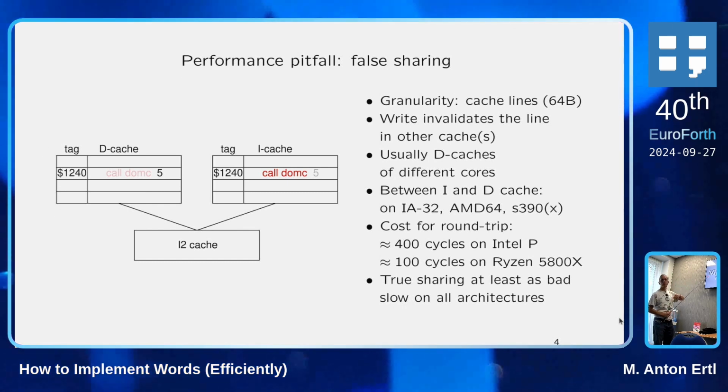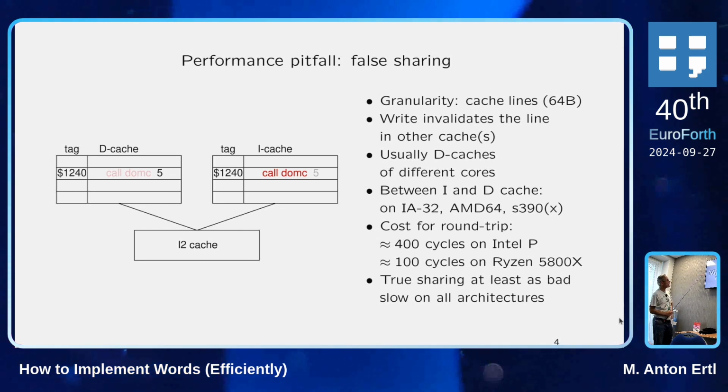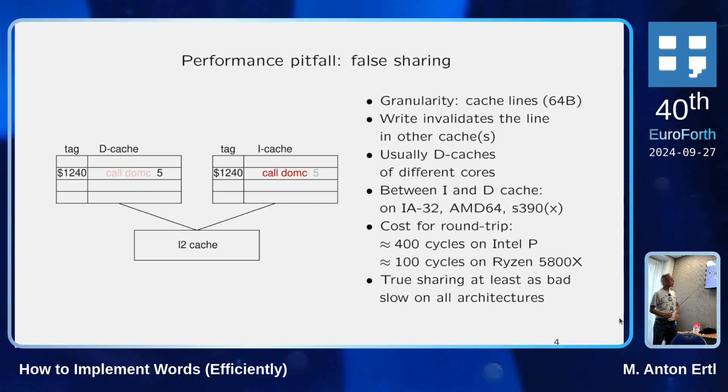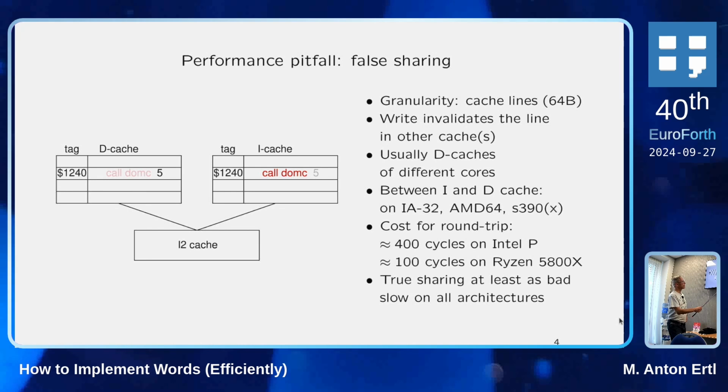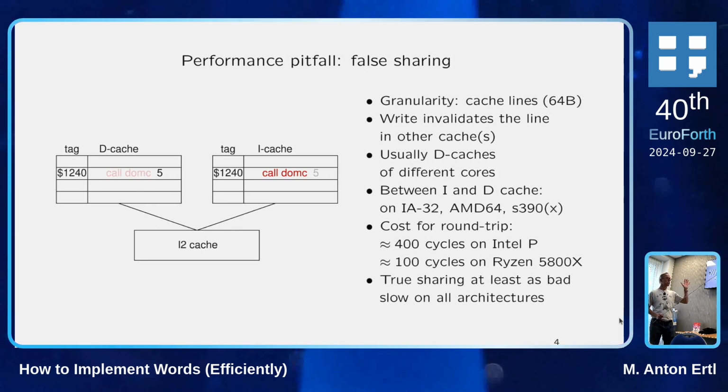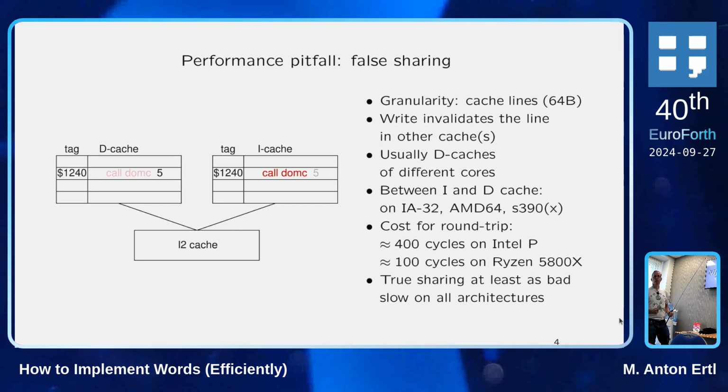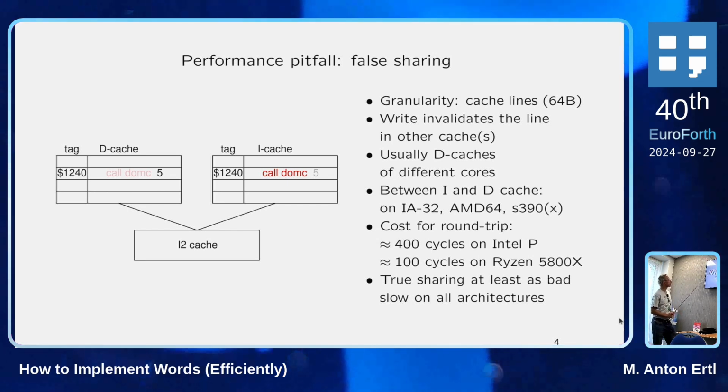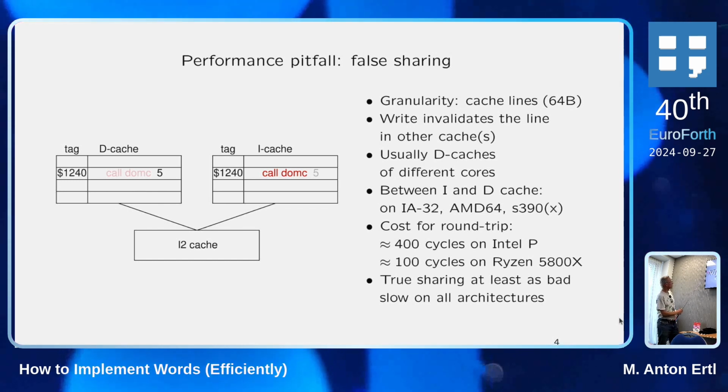And in our case, with the call pull technique, we get it between the instruction cache and the data cache on architectures where the instruction cache is cache coherent with the data cache. And this is Intel and AMD CPUs and the IBM mainframes, actually. So on ARM and so on, you don't have this problem. But on ARM, when you change code, you have to do some extra software work. But that's something different.